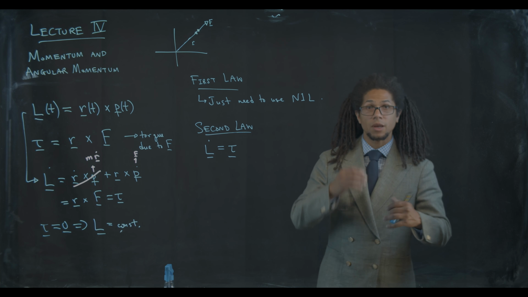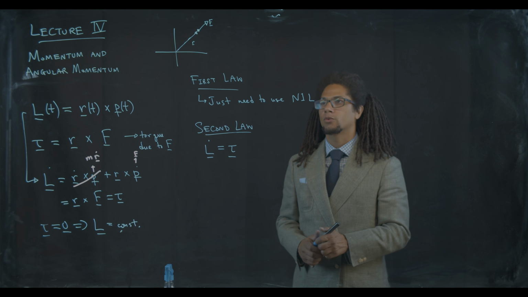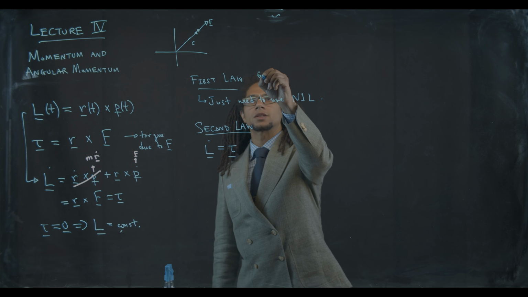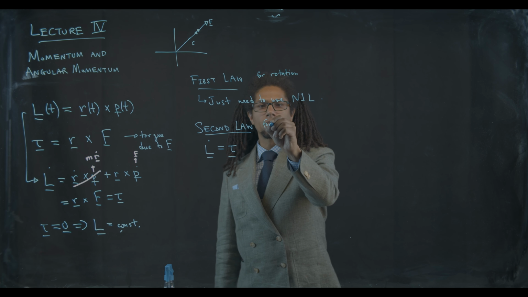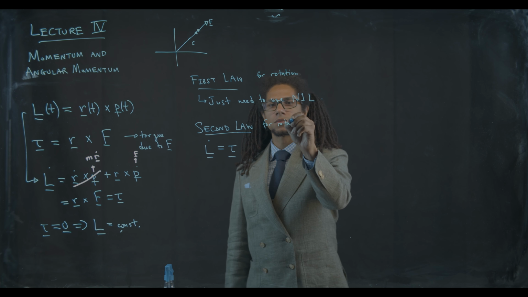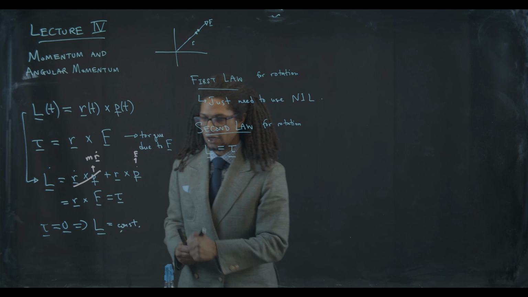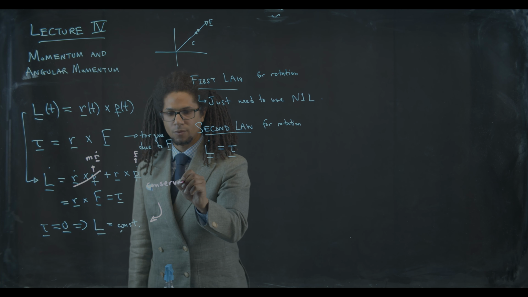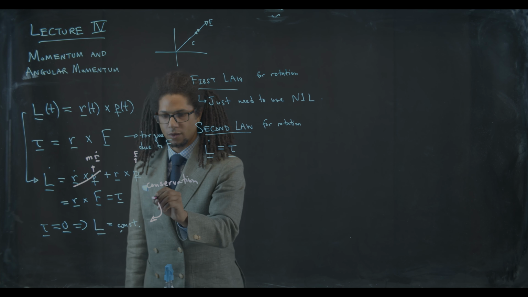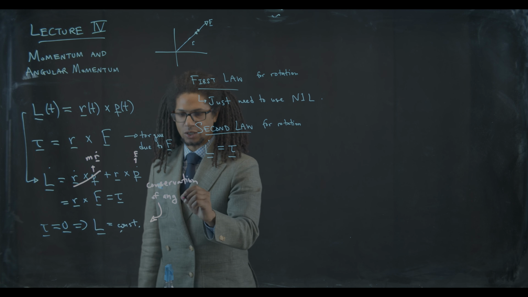Okay, so now to some degree we've said everything there is to say about the first two laws for rotation. We've also derived this principle here, which we could call conservation of angular momentum. If an object experiences no torque, then its angular momentum is constant.